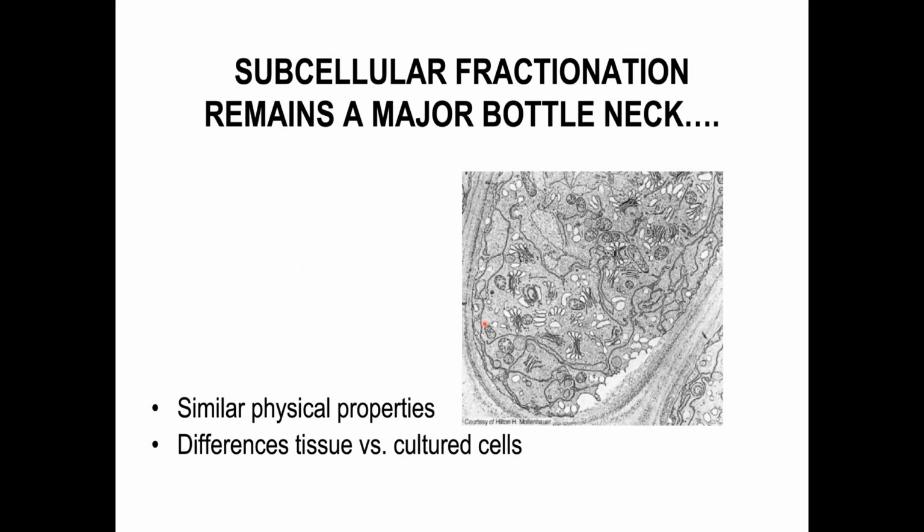However, there is, of course, a word of caution that has to be raised here, and that is that subcellular fractionation remains a major bottleneck. And we have these organelles composed of proteins and of lipids, and each organelle has a bit of a different composition. I'm showing you here a beautiful electron micrograph from a textbook of a plant cell.